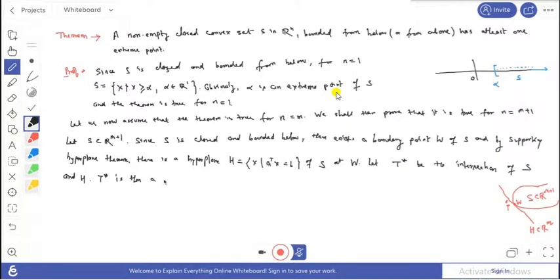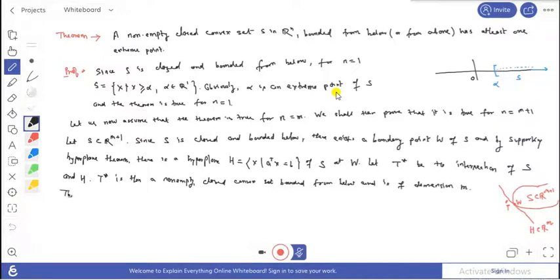So T star is then a non-empty, closed, bounded set, which is bounded from below and is of dimension n.